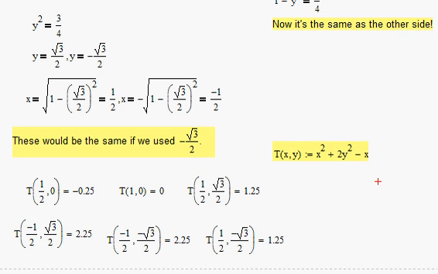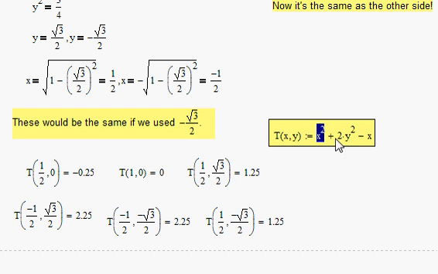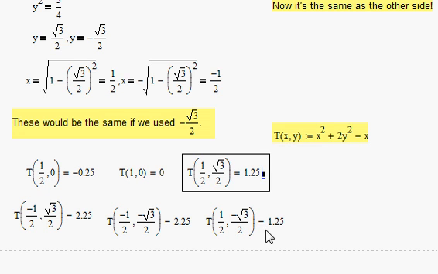So now if x equals 1/2, then that's 1/4. That's 2 times 3/4, which is 3/2. So we have 1/4 plus 3/2 minus 1/2. So 1/4 plus 1, right? So we get 1.25, and in similar fashion for this one you get 1.25.